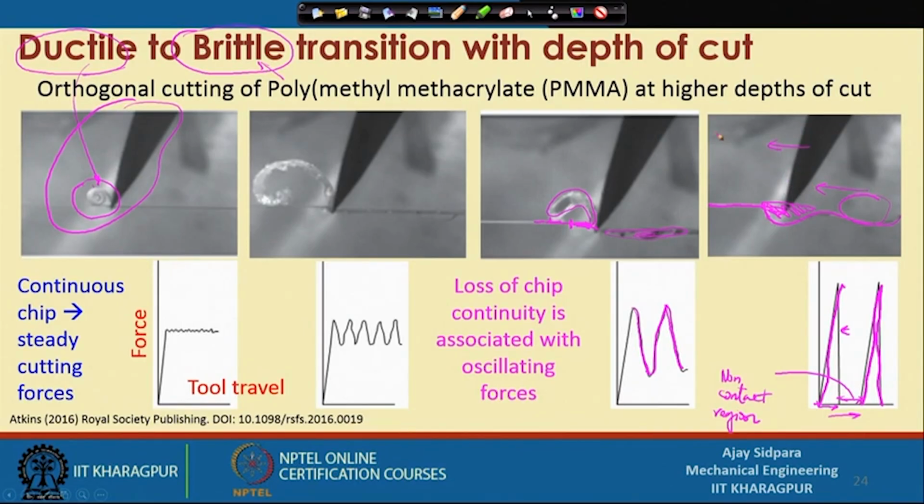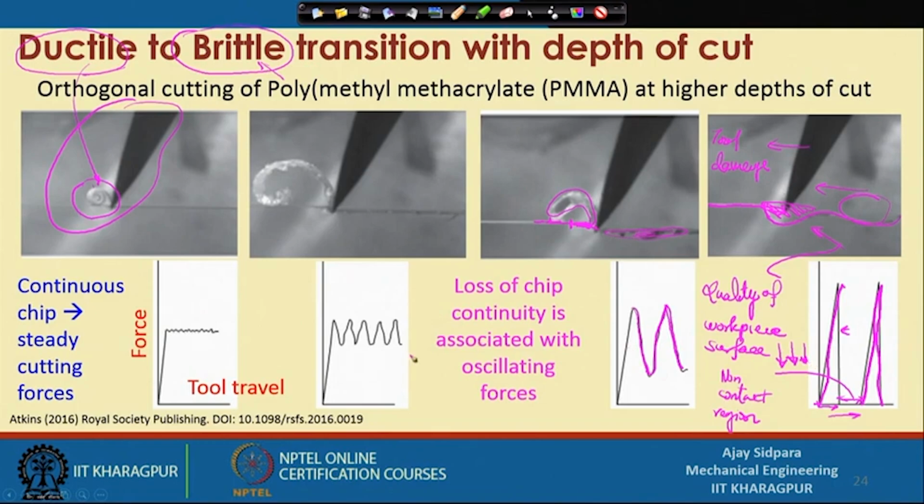One is that the tool will get damaged, and another is that your workpiece is also degraded; the quality of the workpiece surface goes down. This is more important in precision machining, where we will cover diamond turning, where the depth of cut is 1 micron or less and you are cutting silicon and some types of brittle material.